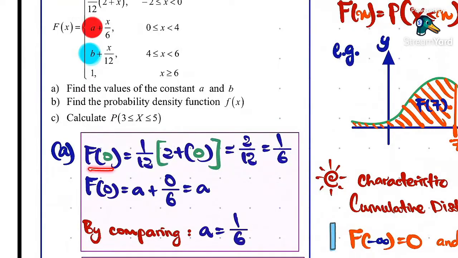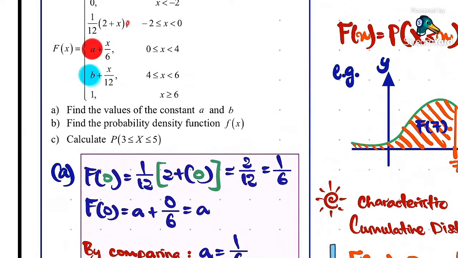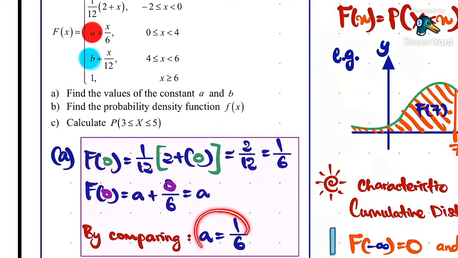My F(0) here, I sub in the 0 into this function, 1 over 12 times 2 plus 0. The x changed to 0, and then I got here 1 over 6. And then this part here, I just sub in the x into 0 as well, and I got a. And so a is finally equal to 1 over 6 by using the comparison.